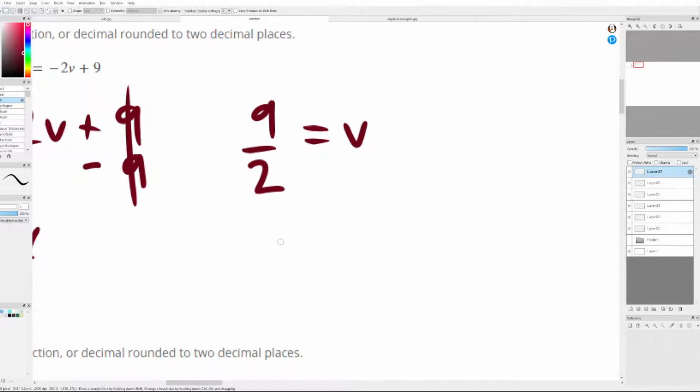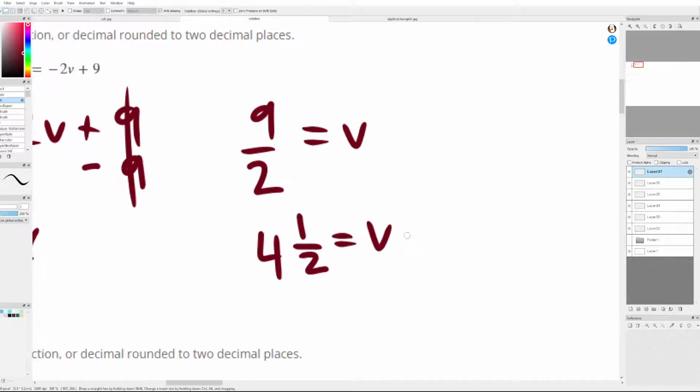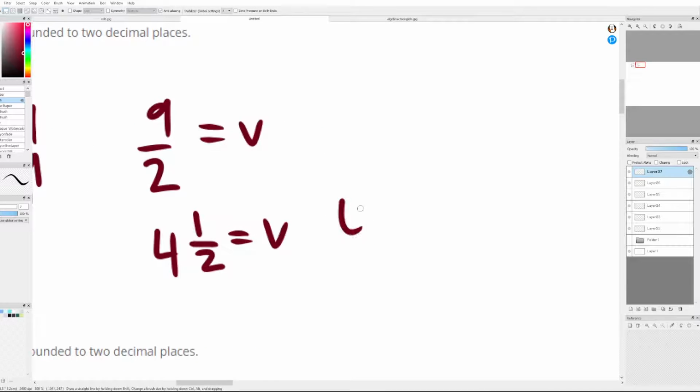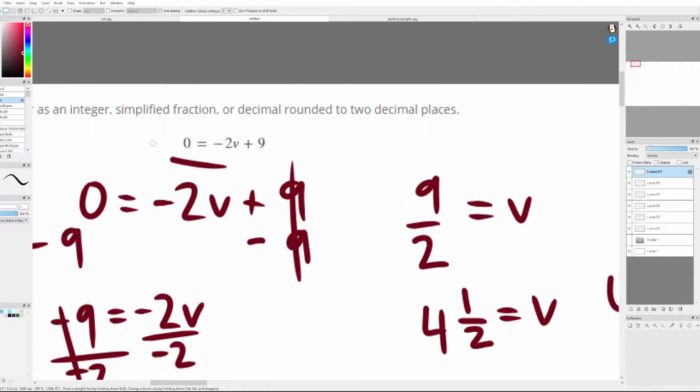So how we can do that is we want to see how many times 2 goes into 9. 2 goes into 9 4 times with 1 left over. So we have 4 and 1/2 is equal to v. If we put that into decimal form, that would be 4.5. And that is our answer for the first one.